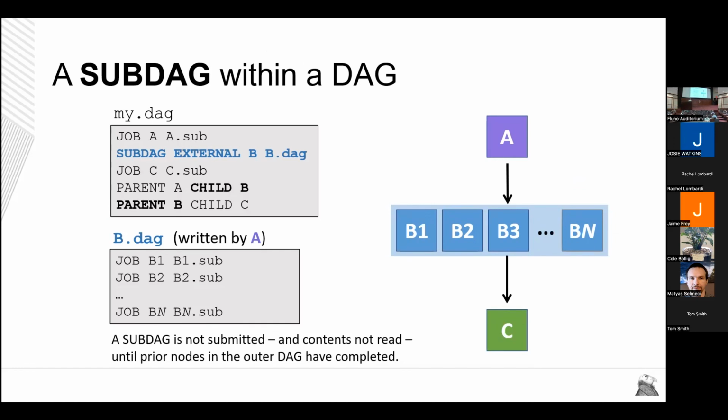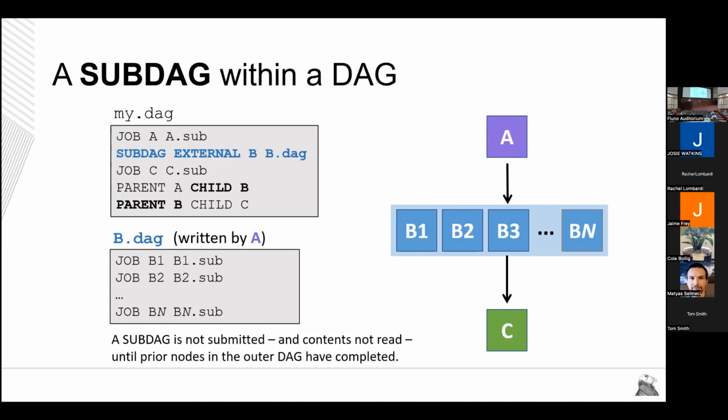So that's part of why I've named it b.dag with that .dag convention rather than .splice. When we submit the outer DAG file, which is all we have to do, the outer DAG won't go and read that inner DAG file, and it won't use it to populate its picture of the overall workflow. It just knows when I get to B, I have to go submit that as a DAG rather than as a submit file.